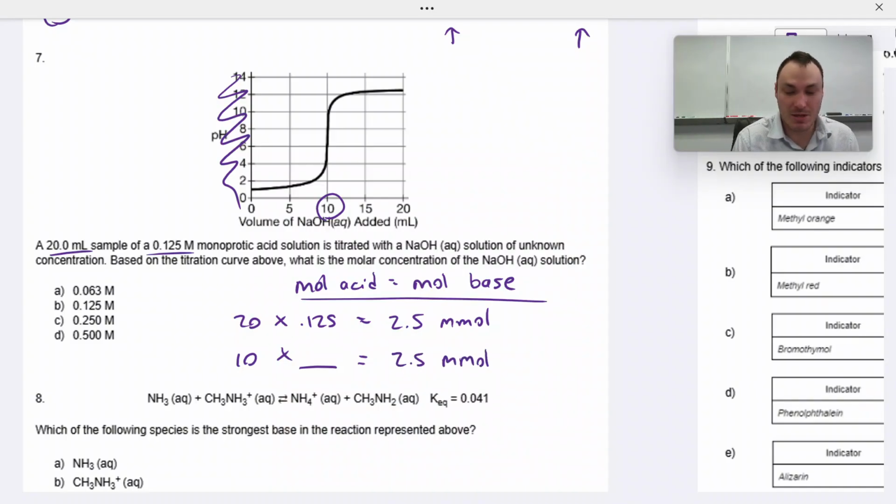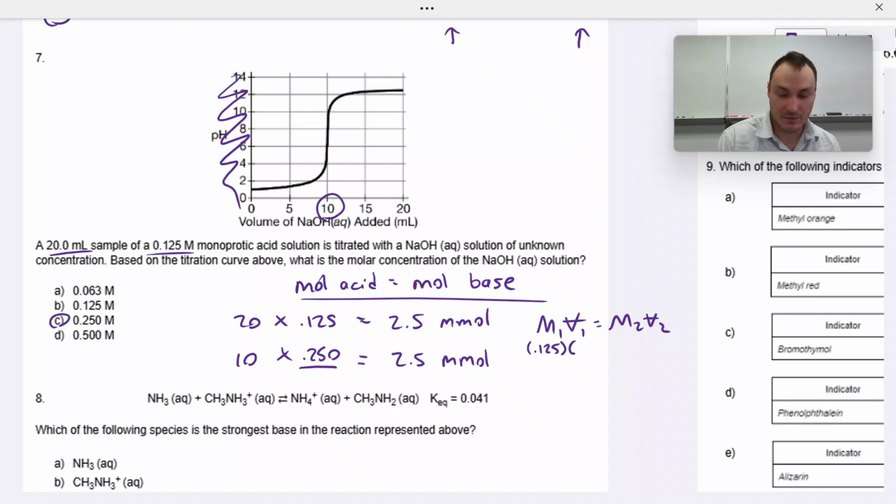The answer is 0.250, which is C. So if we do 2.5 divided by 10, we get 0.250. You can also solve this question by doing M1V1 equals M2V2, where M1 is 0.125, V1 is 20, M2 is what you're solving for, and V2 is 10. X needs to be 0.25.